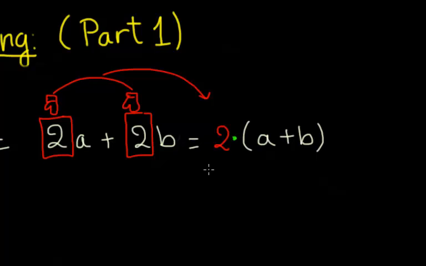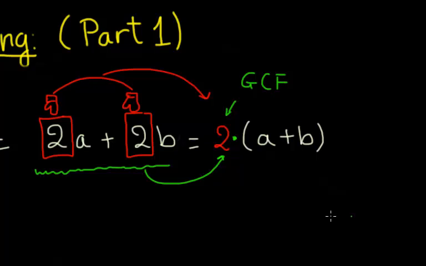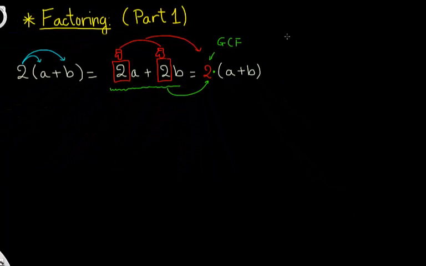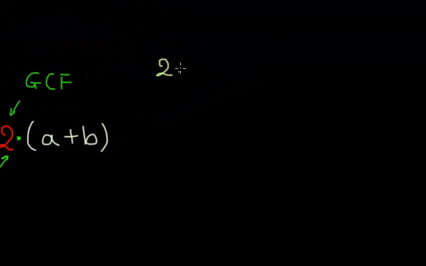So the idea of factoring is to write the problem from expanded form, this form, to the product form. And the common term is also called the greatest common factor, GCF. The answer of a factoring problem is normally a number times a binomial, for example, in this case, 2 times a plus b.